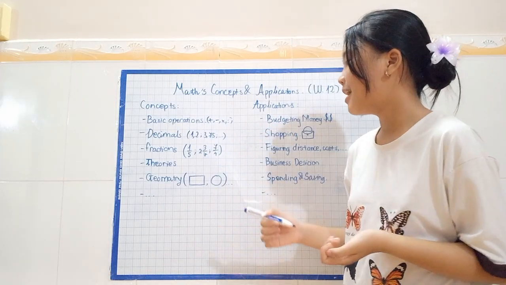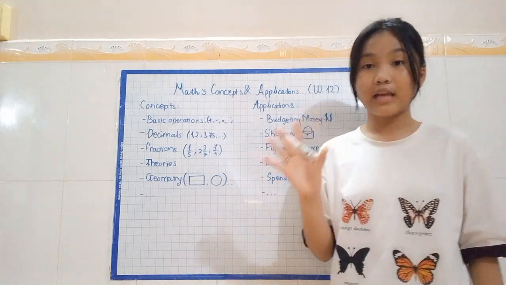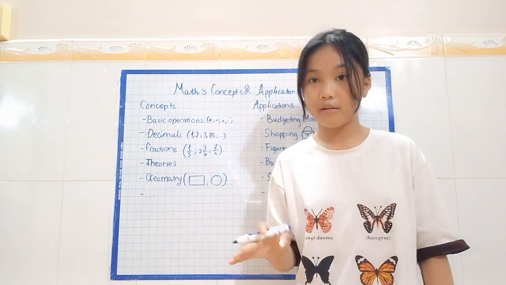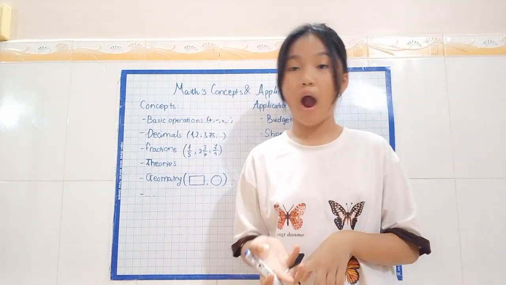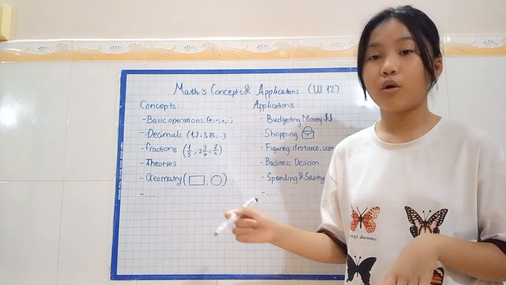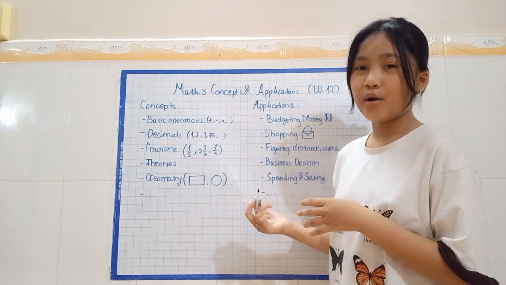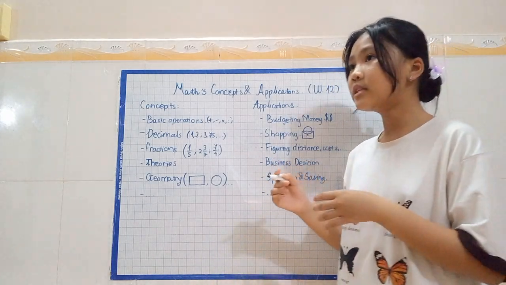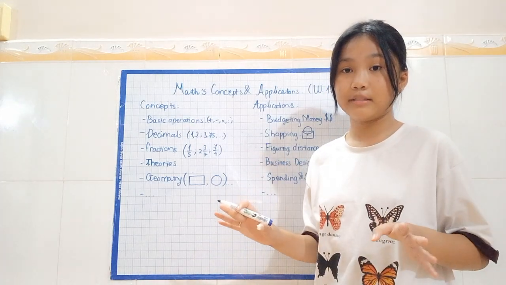Next we have math theories. Theories are some of the most important things in our life. No matter if we use them for calculating or for problem solving, theories are just so important. Like theories of a set, of the data, or simply of operations.